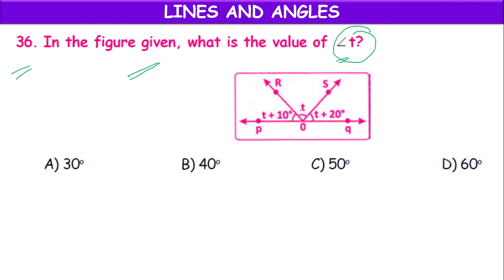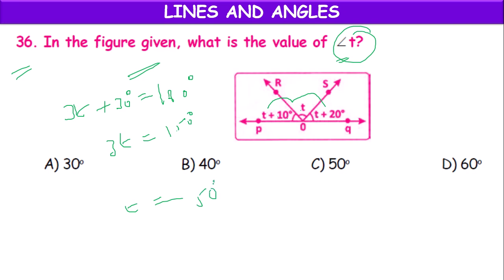So T plus 10, T plus 20 equal to 180 degrees. T plus T equal to 3T, plus 10 plus 20 equal to 30 degrees, that sum equal to 180 degrees, or 3T equal to 180 minus 30, 150, or T equal to 150 by 3, which is equal to 50 degrees. So option C is right.